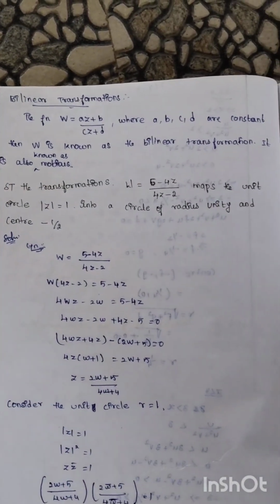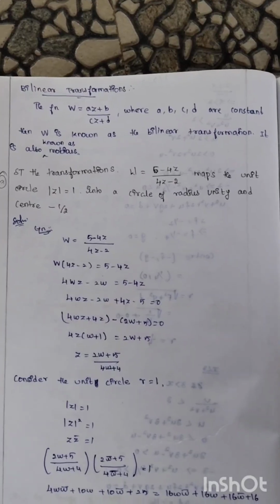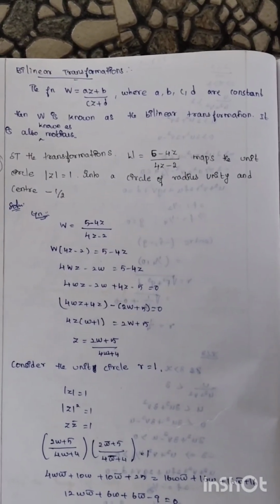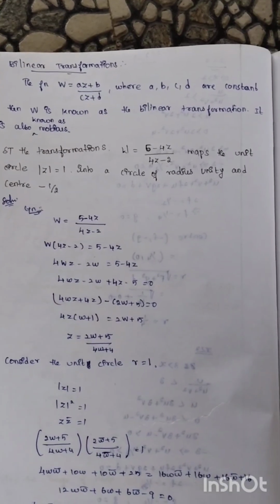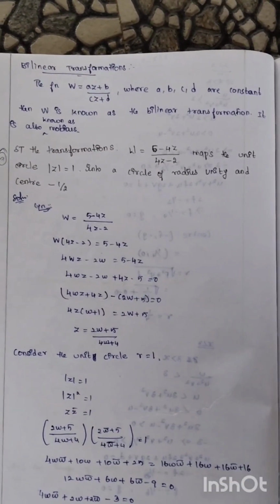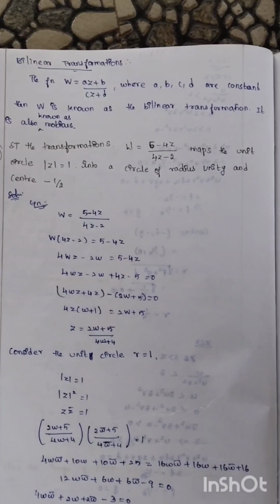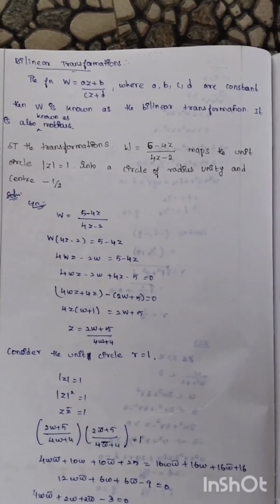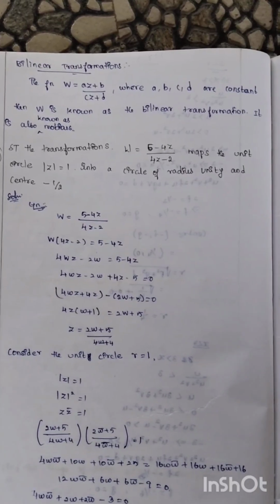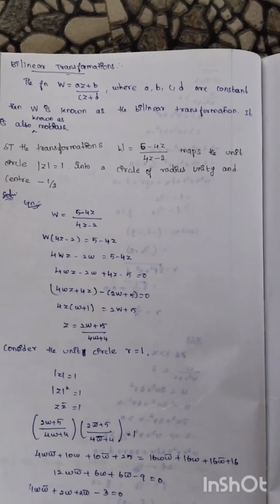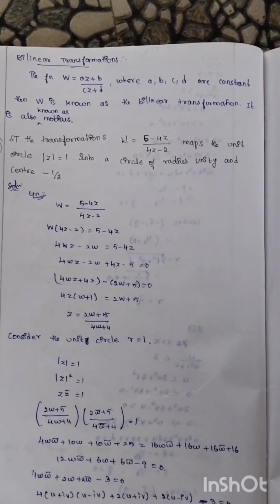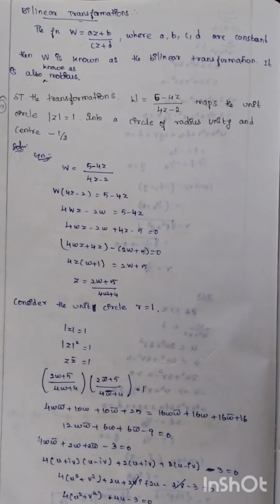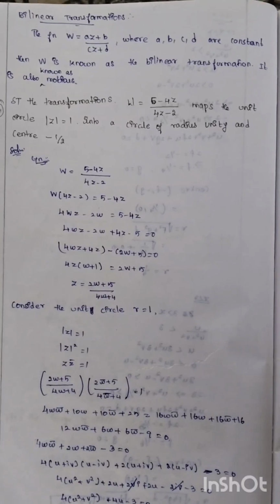The function w is equal to (az plus b) divided by (cz plus d), where a, b, c, d are constants. Then w is known as the bilinear transformation.